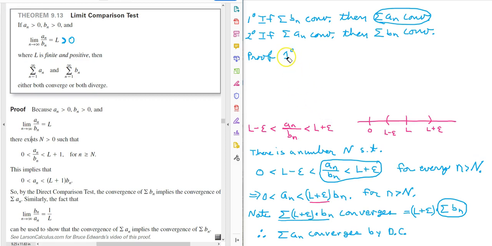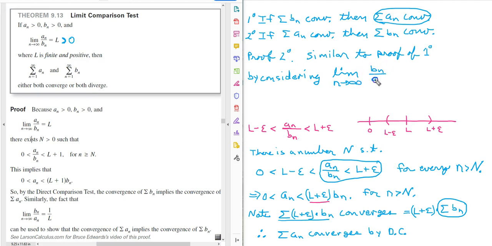So if we wanted to prove number 2, we would just say this: it's very similar to the proof of part 1 by considering the limit as n goes to infinity of Bn over An.